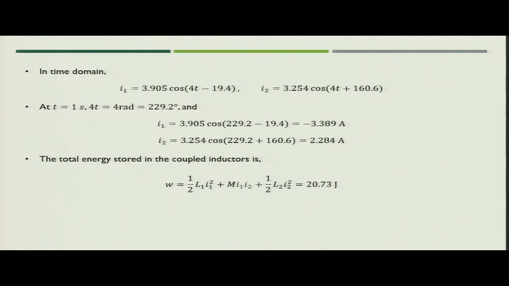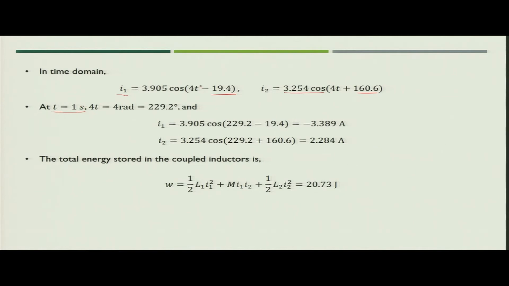Next task is that we will convert now the values of current we got into time domain. So, I1 will become 3.905 cos 4t minus 19.4, I2 will become 2.354 cos 4t plus 160.6 degree. Now, we need to find the value of energy at time t is equal to 1 second.